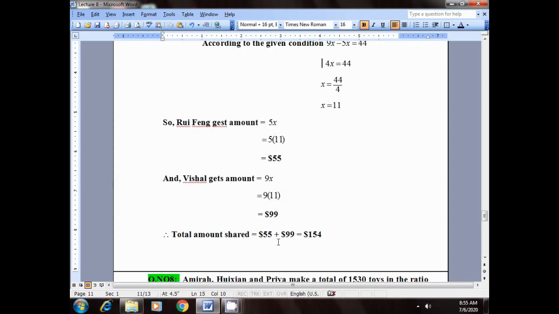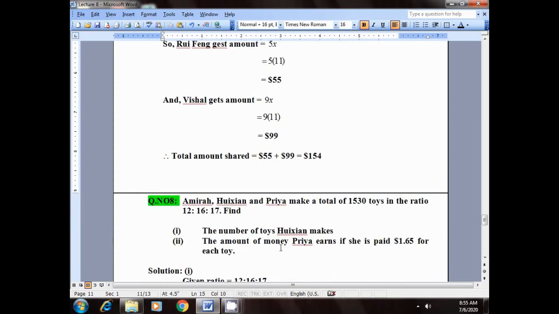Next question, question number 8 from this exercise 9A. Amira, Hyuxian and Priya make a total of 1,530 toys in the ratio 12:16:17. Find the number of toys Hyuxian makes, and then find the amount of money Priya earns if she is paid $1.65 for each toy.